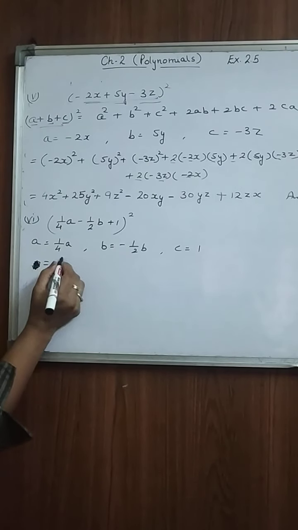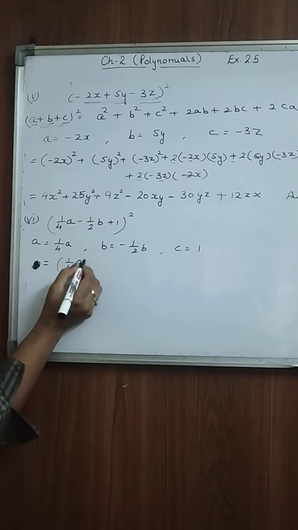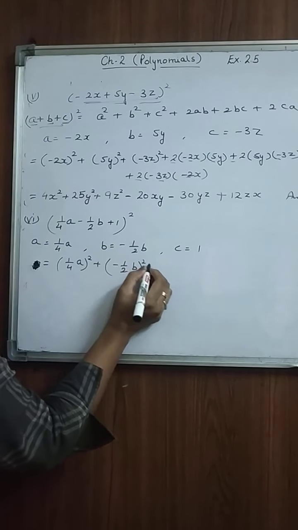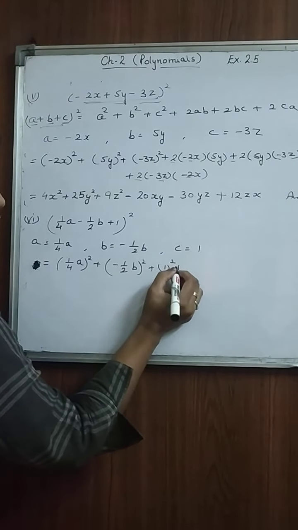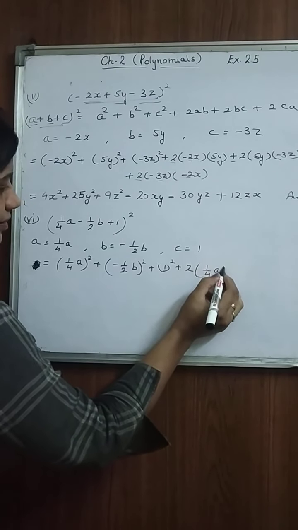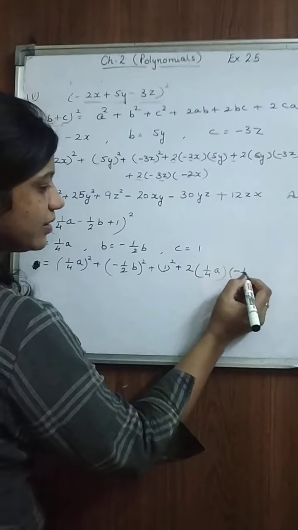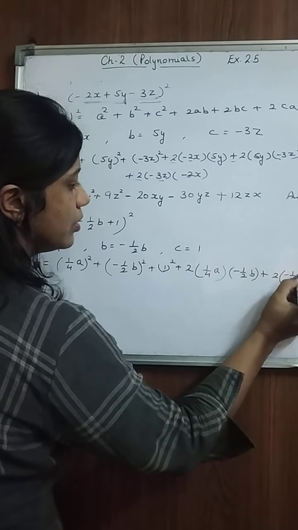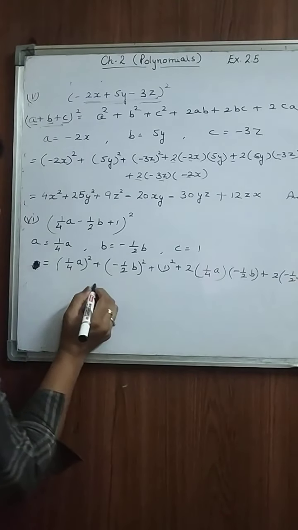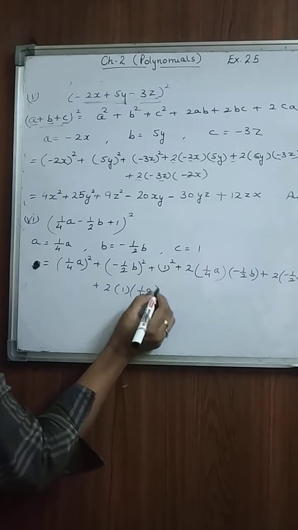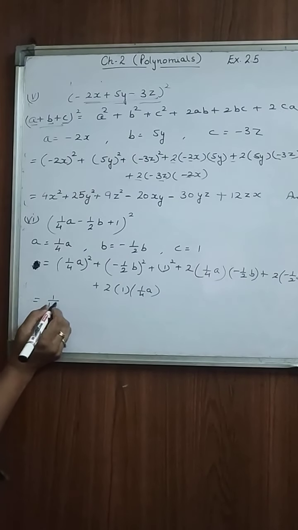Let's apply the identity: a square plus b square plus c square plus 2ab plus 2bc plus 2ca. Here a is this value and b is -1/2b. If you get practice, you can easily do it.